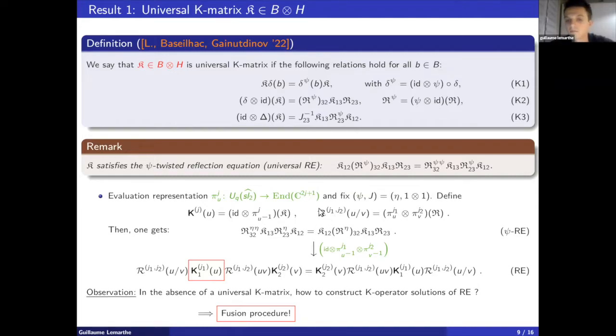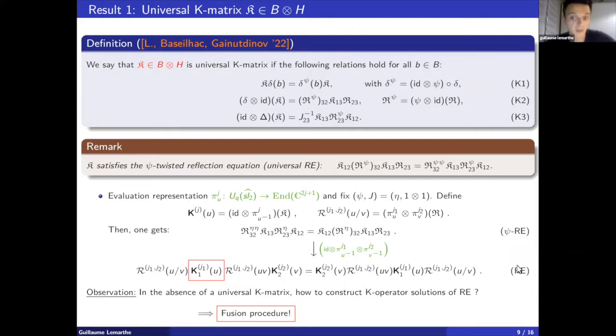And the evaluation of the universal R matrix leads to the usual R matrices, as follows: pi times pi of R. So now fixing this twist pair, you take the universal reflection equation and you take this evaluation map here, and you find that you obtain the usual reflection equation, the one that we were looking for. So now a question is, okay, so here I didn't give any expression for the universal K matrix.